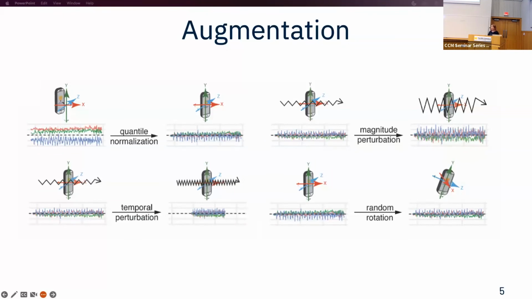And we also use a very frequently used augmentation method, which is also used in images, to randomly scale the magnitude or the x-axis of the signals. And then we did random rotation, because the original direction of a phone on each person's body could be random, so we don't want that kind of information to intrude on our final prediction. So that's the other kind of augmentation we used.